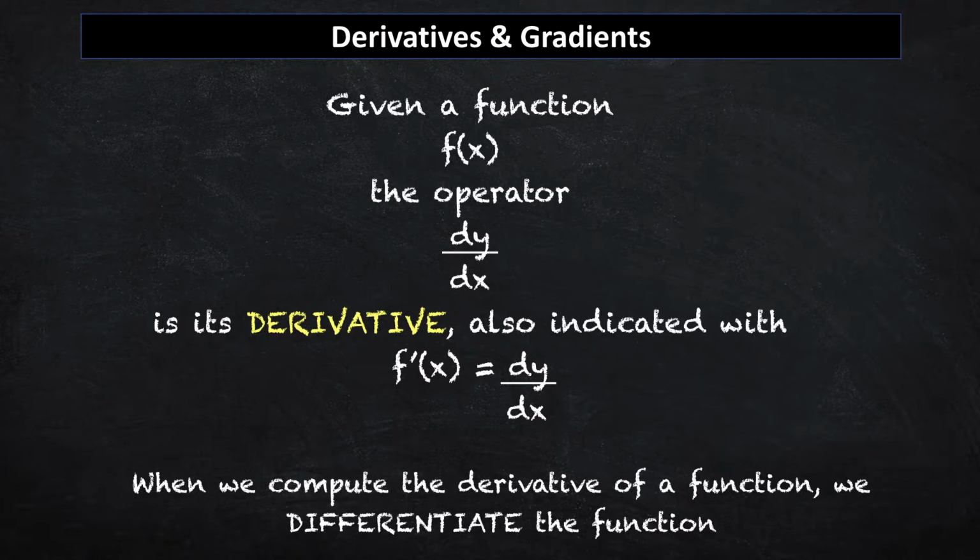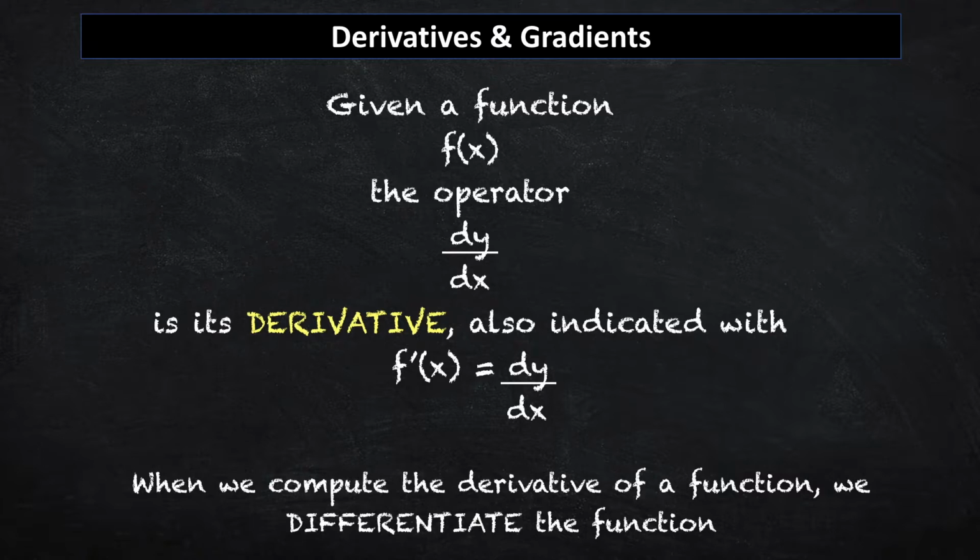So given a function f, the operator that we just saw, dy over dx, is its derivative, and it can also be indicated with this symbol, with this apostrophe after the letter f of the function. And when we compute the derivative of a function, we say that we are differentiating the function.